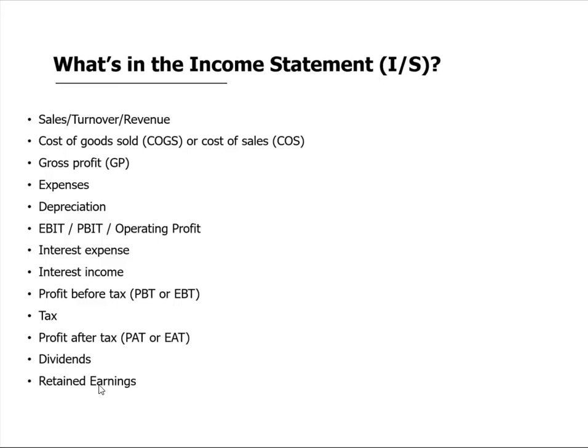The purpose of this video is to explore these costs, specifically the cost of sales or the cost of goods sold, and these expenses, and also the interest expense, to understand how we would classify them and to some extent how they behave in the business under certain circumstances.